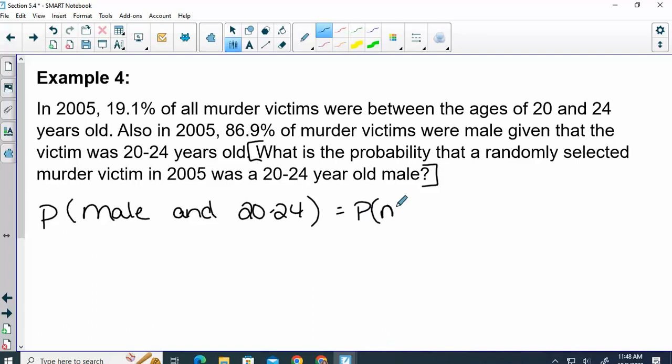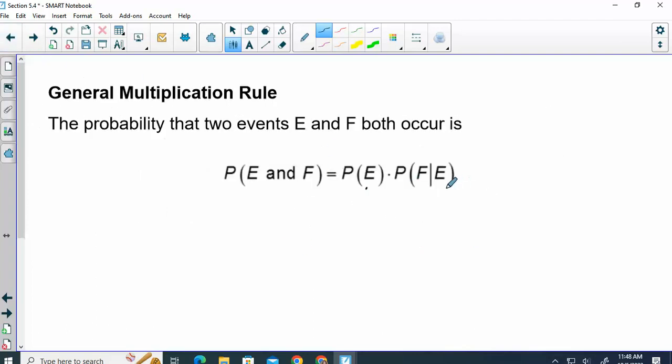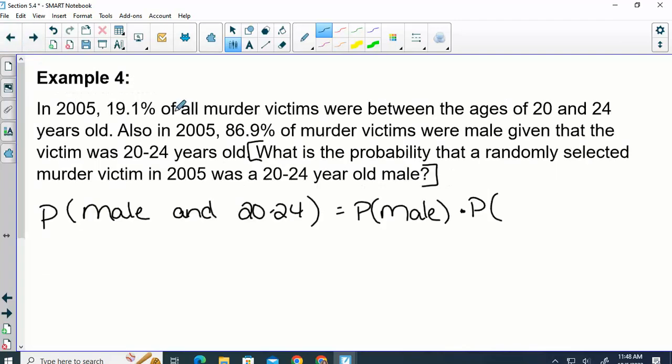This is the probability of male times the probability, okay, we're thinking about our formula, probability of the first times the probability of the second given the first. So times probability of 20 to 24 given that they were male.